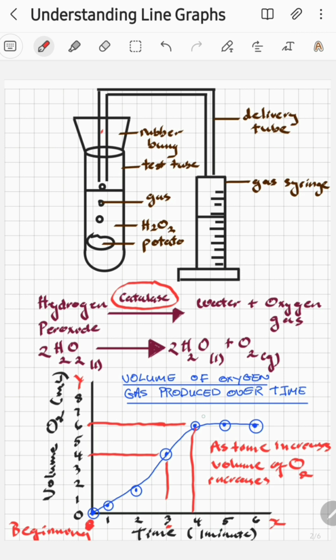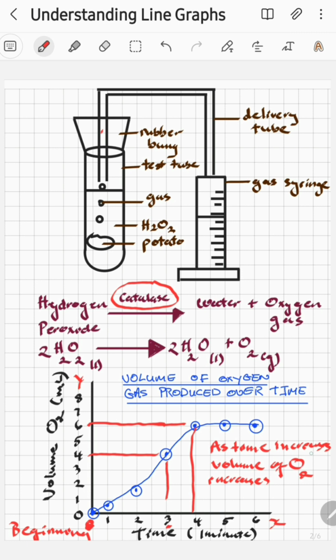No, it doesn't. So the experiment continues for 5 minutes and then 6 minutes. And then what do we observe? We observe that we don't have any significant increase in volume. So after minute 4, we see that the volume of oxygen remains constant. Okay, so how do we describe that?